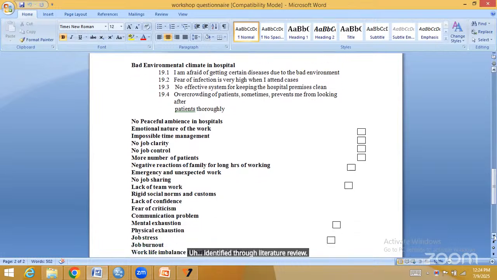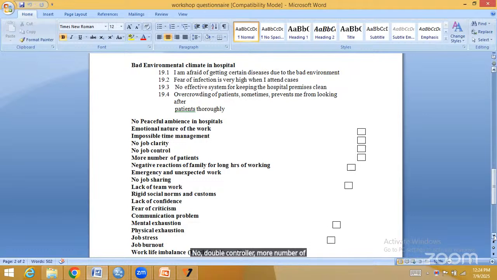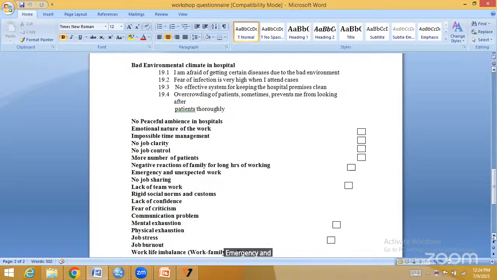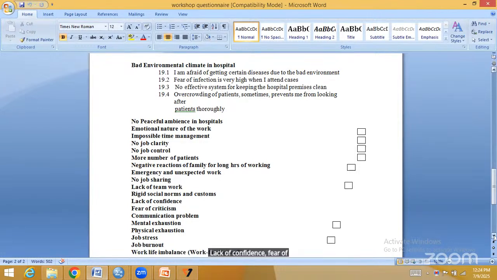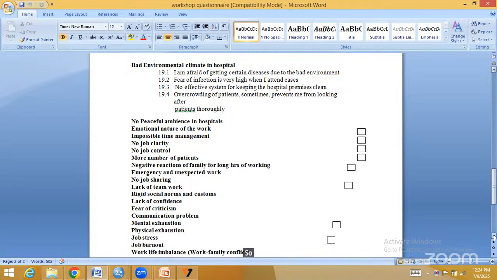Emotional nature of the work, impossible time management, no job clarity, no job control, more number of patients, negative reactions of family for long hours of working, emergency and unexpected work, no job sharing, lack of teamwork, social norms and customs and its rigidity, lack of confidence, fear of criticism, communication problem, mental exhaustion, physical exhaustion due to the work. So all these variables are qualitative variables that can be measured by using interval scale.